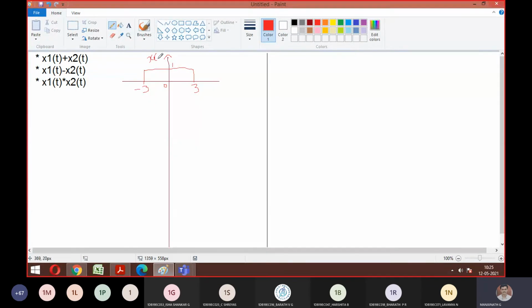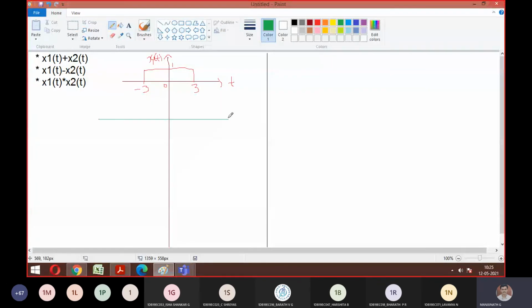Okay. So the x-axis is time. Then the second signal they have given, x2 of t, like this. Just make a note. It is tracing from -10 to +10.